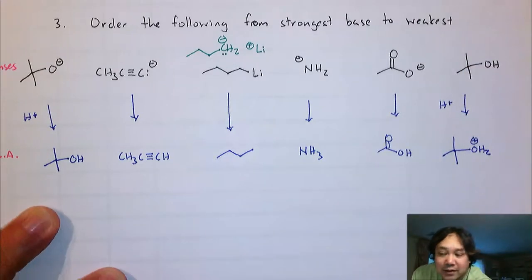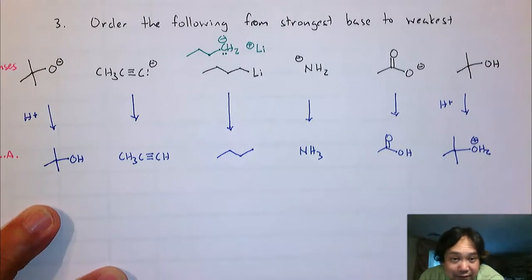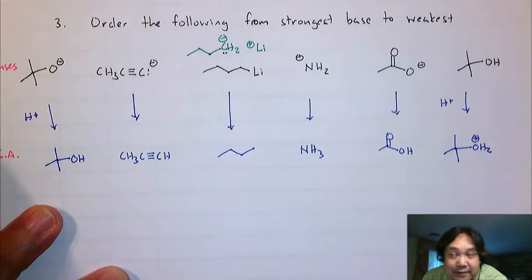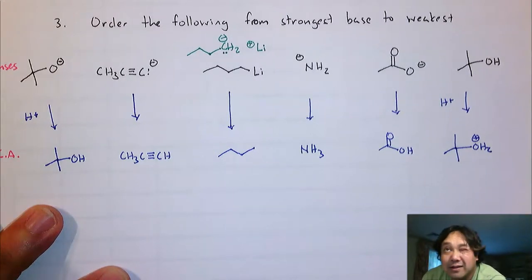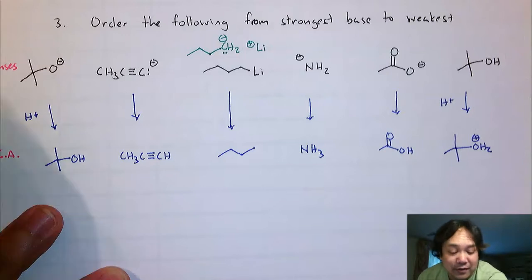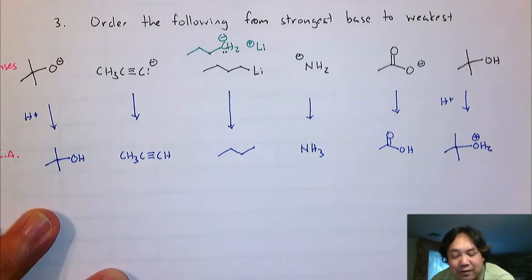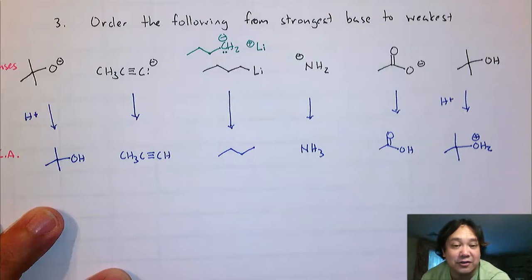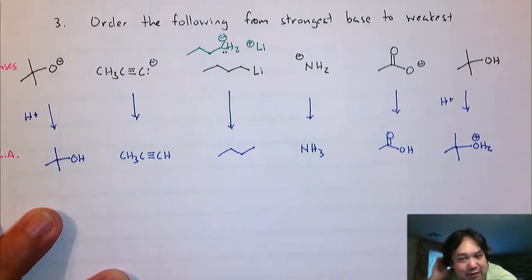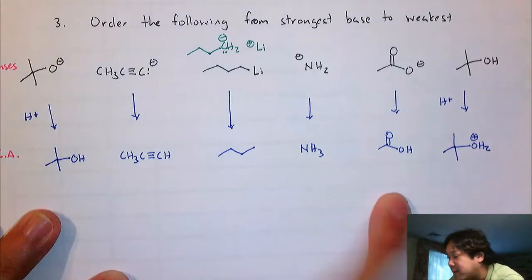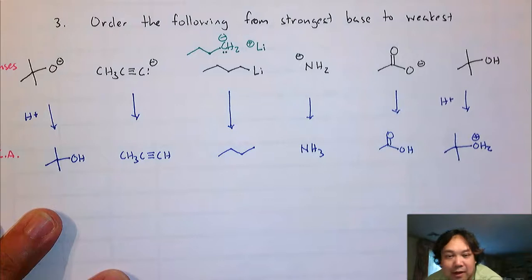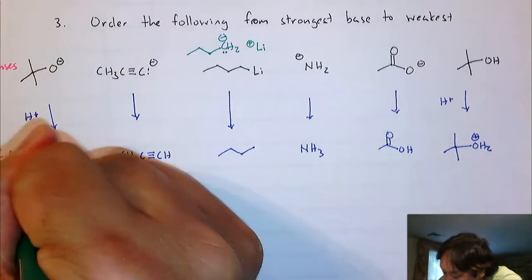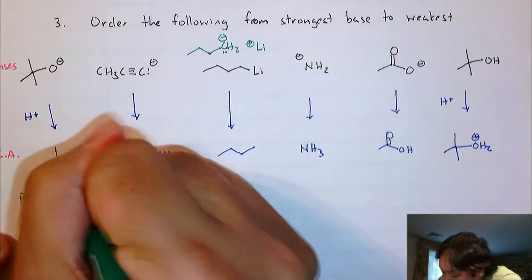Remember your trends: electronegativity, size, resonance, and hybridization. There's actually one more, a fifth one, that I may or may not have mentioned, and that's induction. But let's not worry about that. I have the pKa's memorized for these, and some of these you should know, like alcohols have a pKa around 15.5.